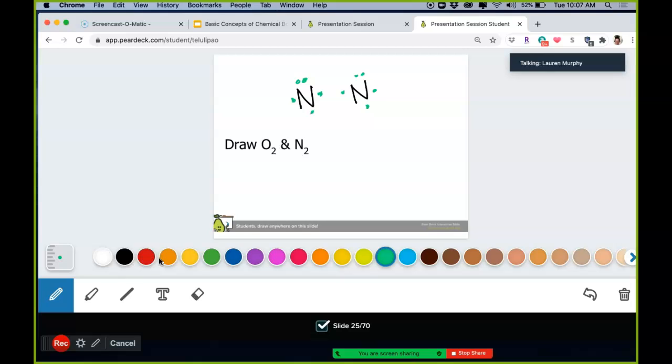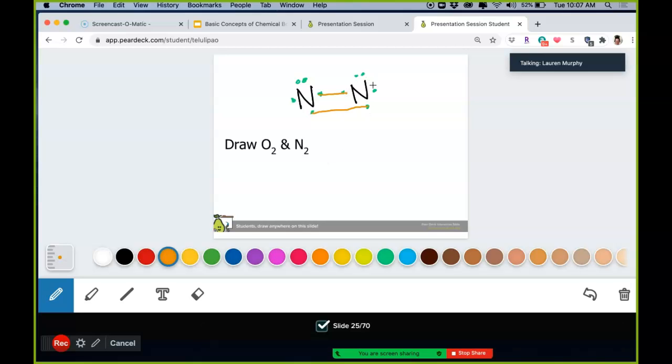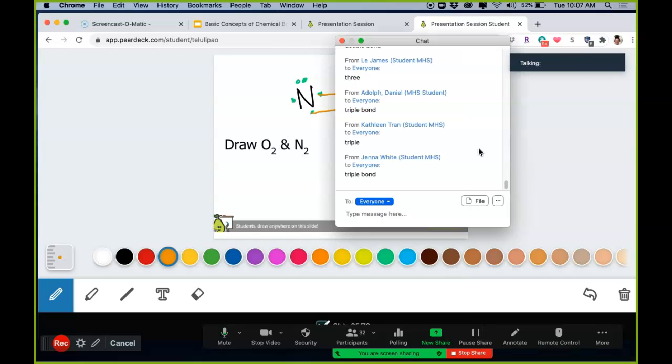Okay, you have to bond everything at least once, or there's no point of even doing this. Suggestions? I have not achieved stability. I do not have 8 electrons around either nitrogen. What about like this? Oh, getting closer. 2, 4, 6, 7. What are you guys saying?